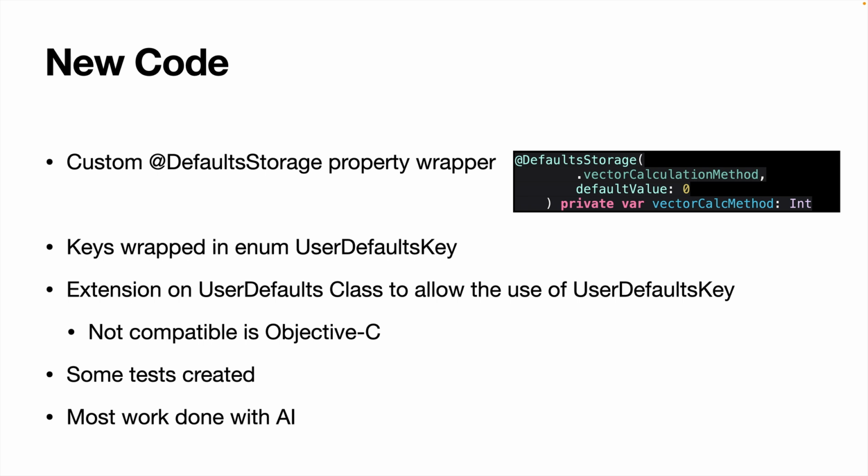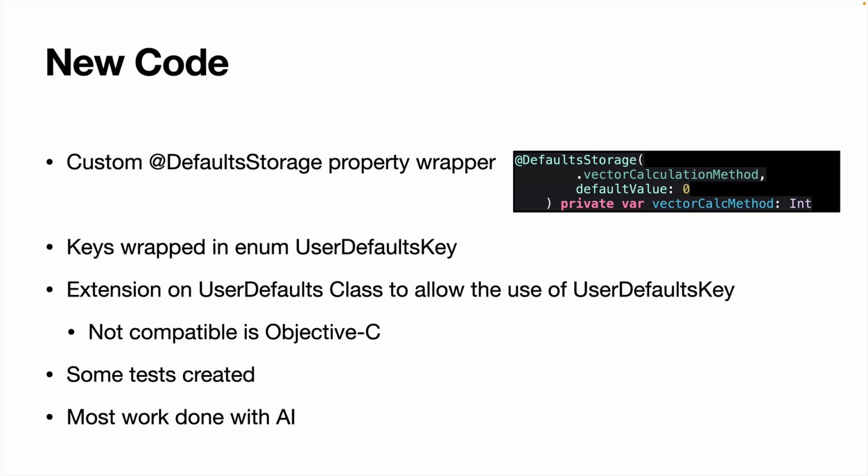So every enum that we have in the app has been moved to user default keys. So now by using a key, as you can see under default storage, I'm using vector calculation method, I will now have compiler support to make sure that is the right key or spelled correctly. It will help, and it will generate an error if that key doesn't exist.